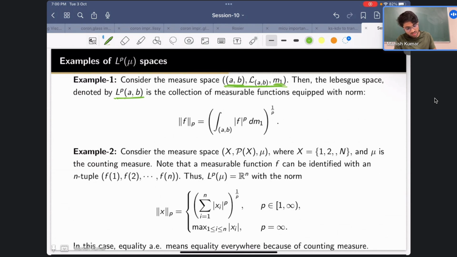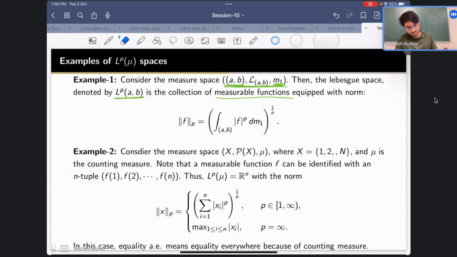So this is the collection of measurable functions. Again, this is not just a measurable function, but a class of measurable functions. We generally write it as a function, but the elements are not just functions, they are classes of functions.